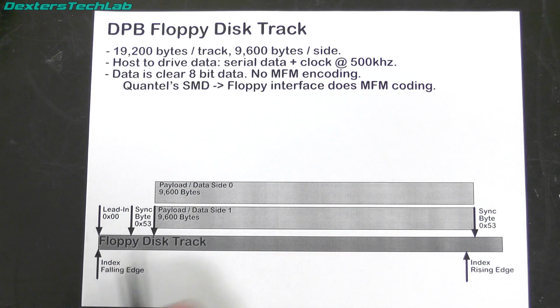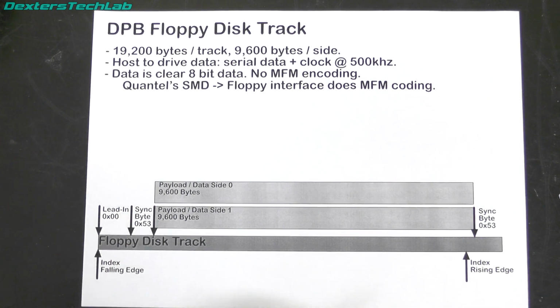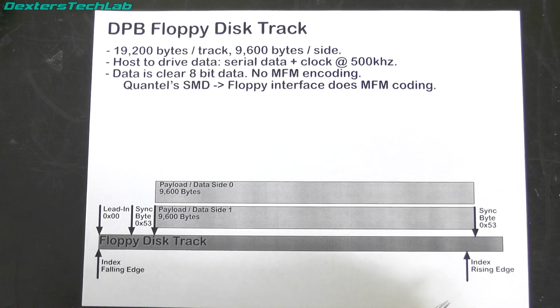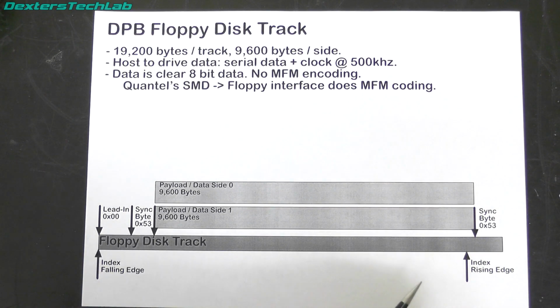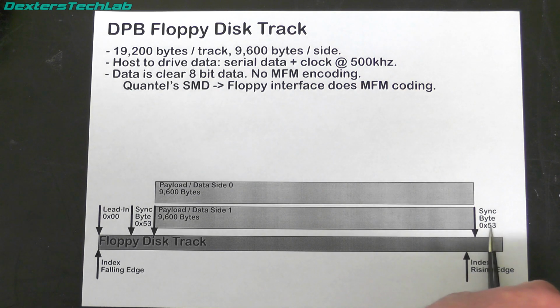Interesting little point is the index pulse. It is actually quite large considering the size of the actual overall track, so you do often see data overflowing into the high portion of the index pulse, but of course it's just the falling edge that we're interested in, so it's able to sort of move into that area.